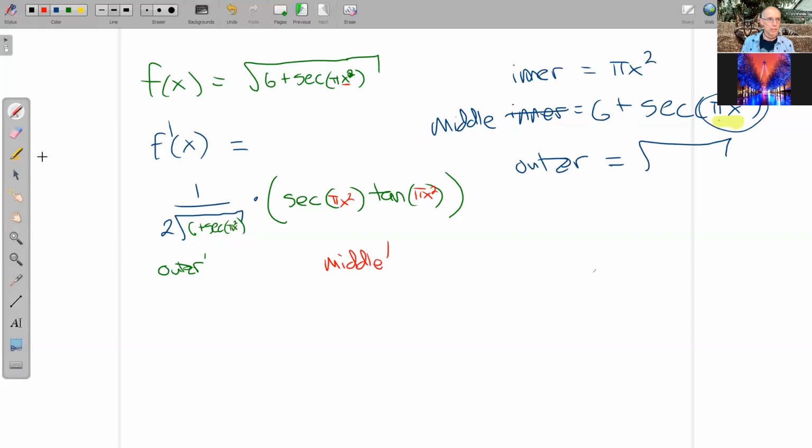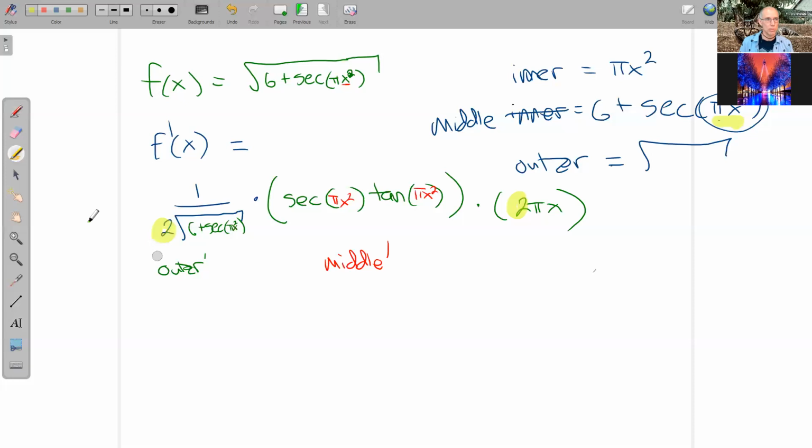And then last, we take the derivative of the inner and multiply that on. The derivative of the inner is 2 times pi times x. And then we attempt to clean up this fun stuff. Let's see, what do we got? Well, there's a 2 in the numerator and a 2 in the denominator, so they will get rid of each other.